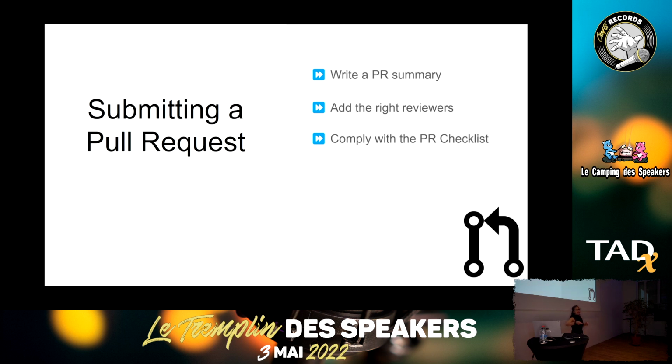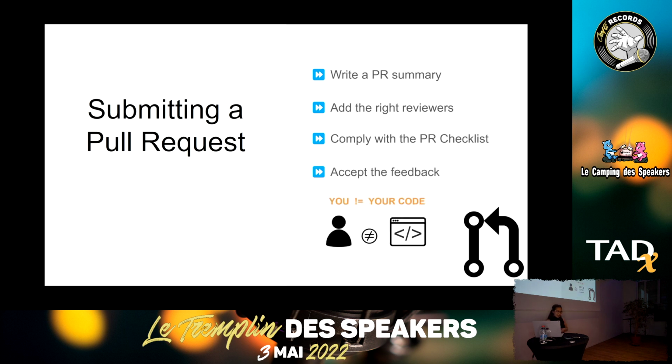I'm going to speak in the coming slides in more detail about this pull request checklist. Well, last but not least, as an author, keep in mind that any comment about your code doesn't mean I'm criticizing you. Your code doesn't represent who you are. Don't take things personally, and that will save a lot of drama.